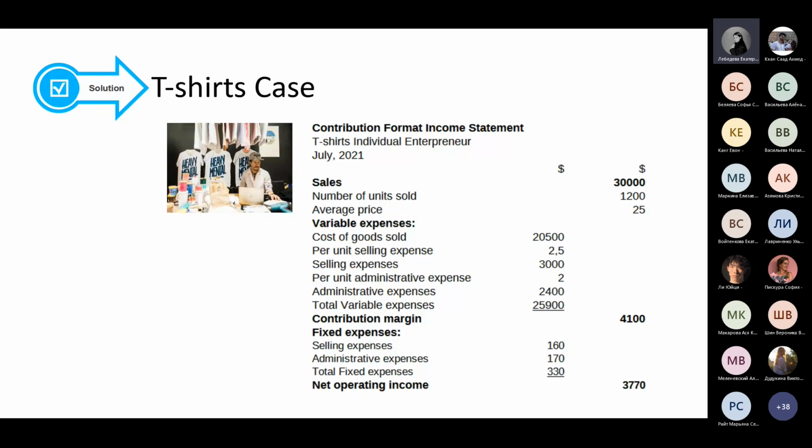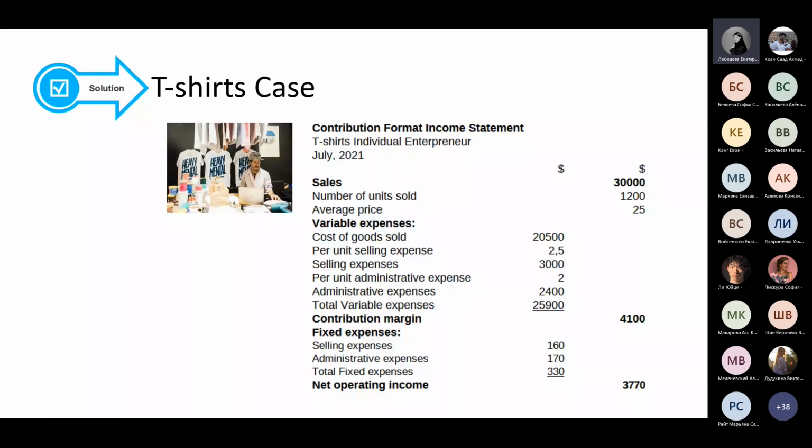In the first column, you can use intermediate values and provide intermediate calculation, but the second column is devoted to the finished calculations, and you can place all the expenses to the form and calculate the net operating income. So if your task during the final test would be to provide the contribution format income statement, it should be represented in a similar way.